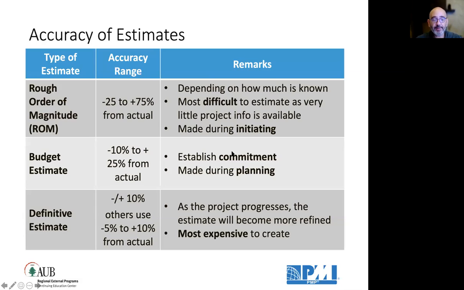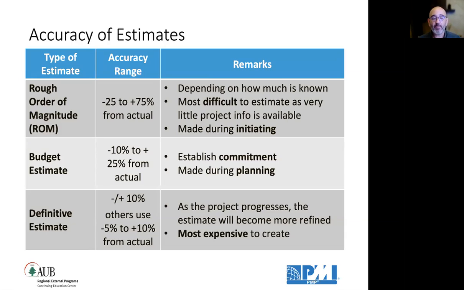Accuracy of estimate: according to the PM book, as you progress along the project from initiation to executing, the accuracy should become more and more clear, and the estimate should become more and more accurate. So in initiating, PMP as a standard accepts a rough order of magnitude, ROM.